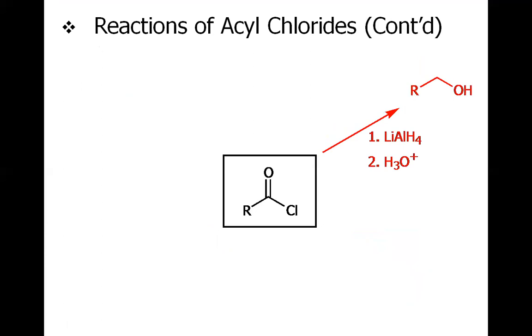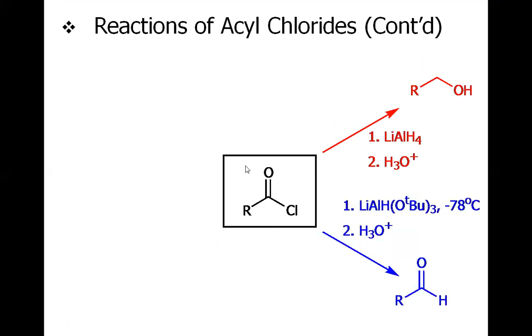Further reactions for the acid chloride, if you treat with the reducing agent such as lithium aluminum hydride, you will get the primary alcohol. However, if you tone down the reactivity of lithium aluminum hydride by replacing it with lithium tri-tertiary butoxy aluminum hydride, it will not give you the primary alcohol but the aldehyde.